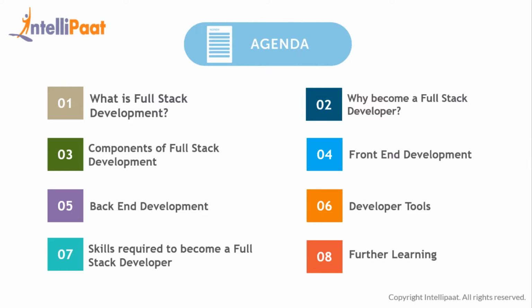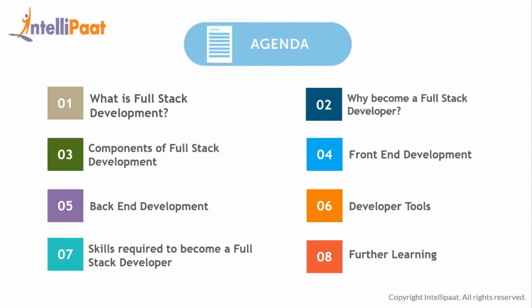So let's run through the agenda for today. At the beginning, we'll take a look at what is full stack development. Then we'll take a look at why become a full stack developer. Then we'll take a look at the components of full stack development. Then we'll look at the front-end development, and then we'll take a look at the back-end development.